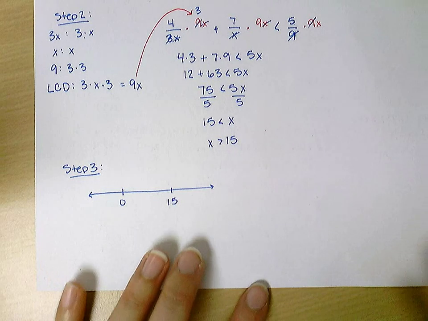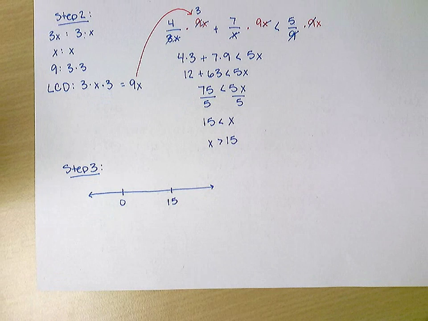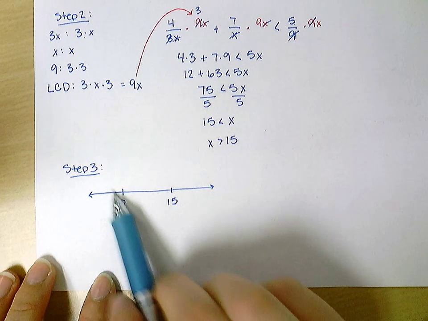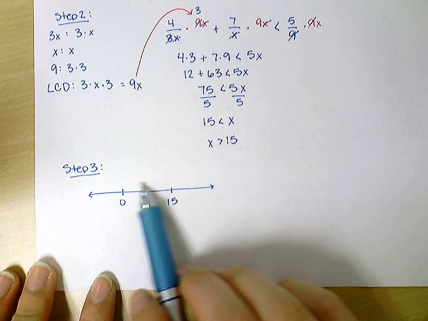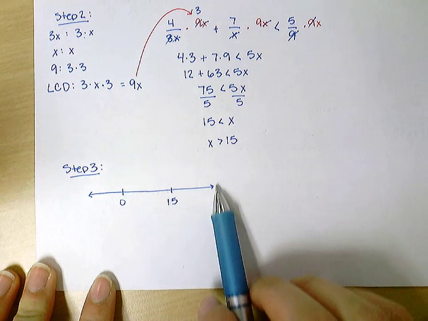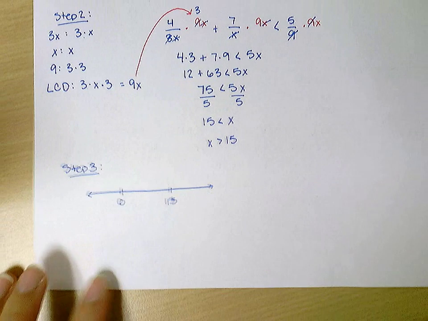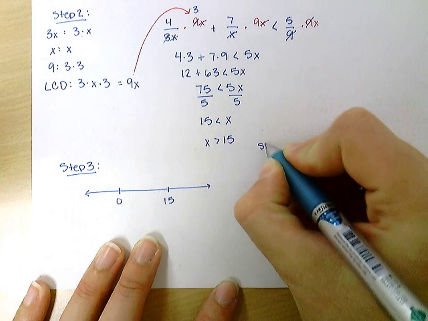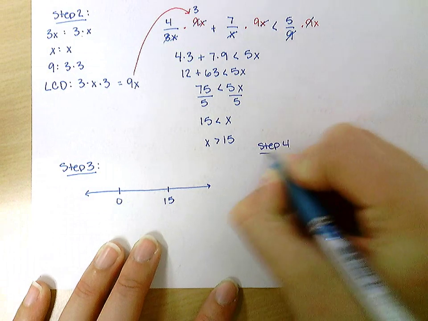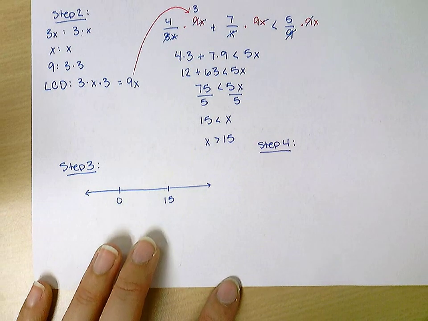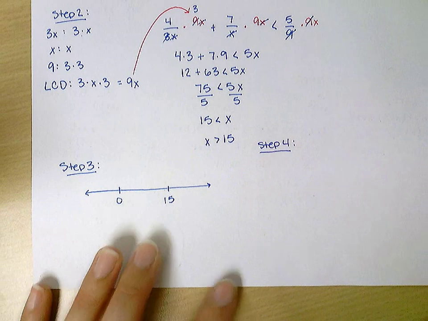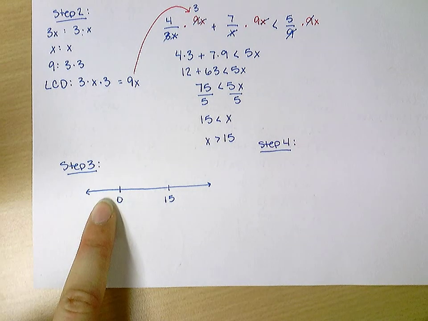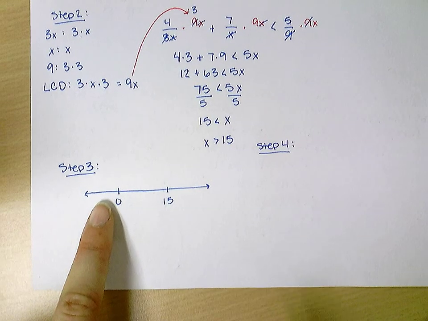Okay, then step 4 is to test values between each of those intervals. So I have to test a value to the left of 0, between 0 and 15, and above 15. So I have to test 3 different values in step 4. Okay, so for less than 0, I'm just going to plug in x is negative 1.